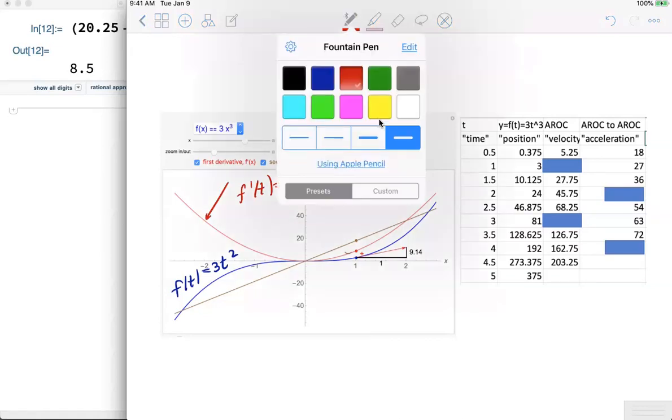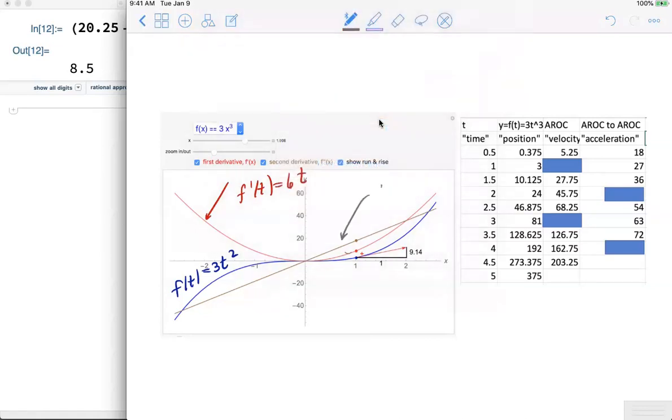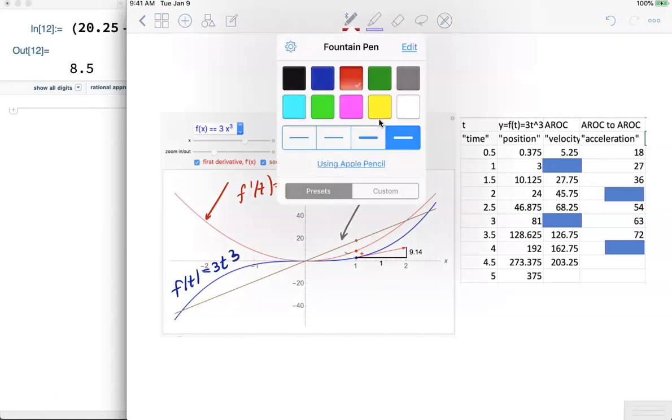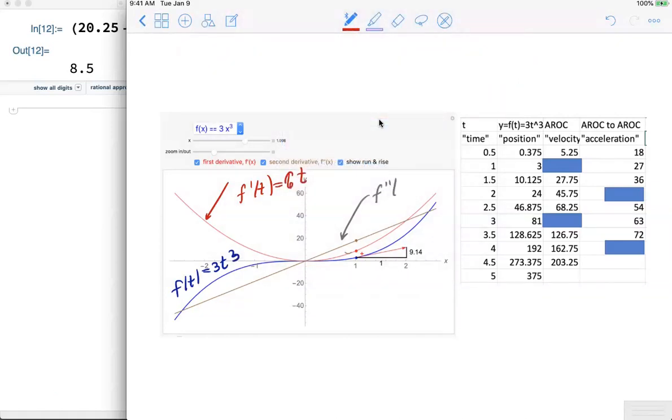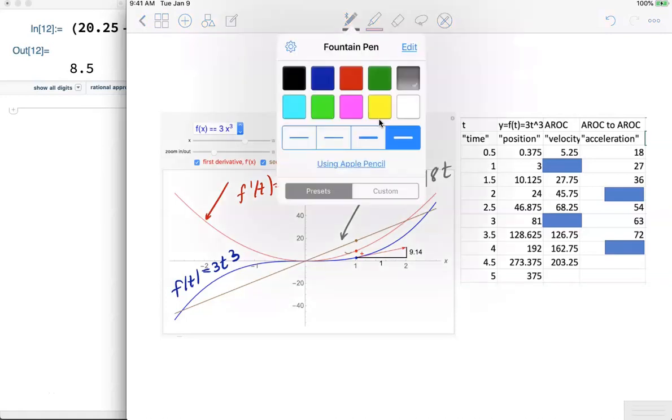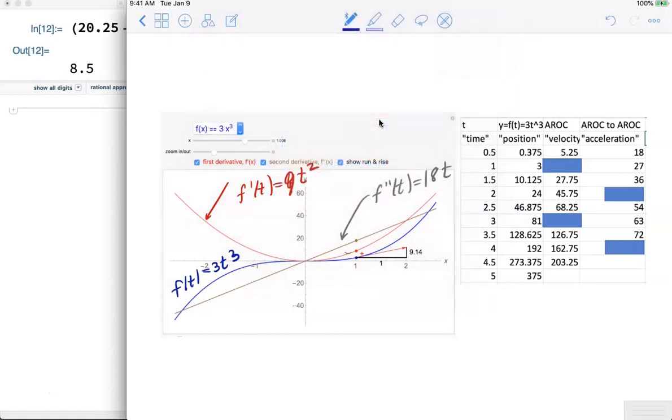Oh, I'm sorry, this is 3t cubed. The derivative is 9t squared, and f double prime at t, sorry about that, is 18t. So that's how you take the derivatives.